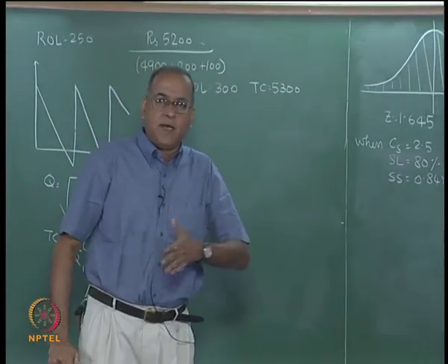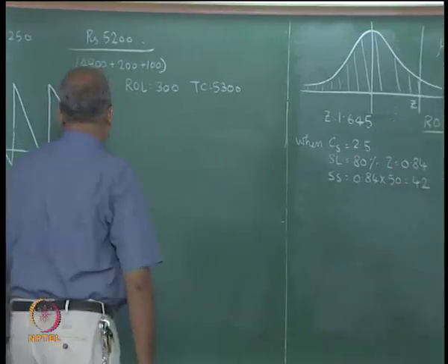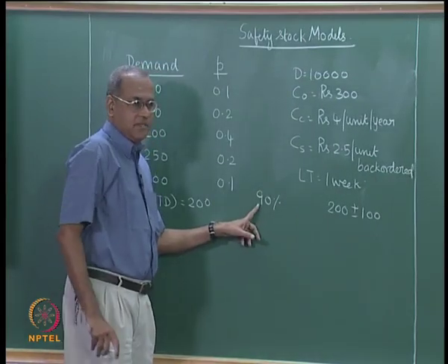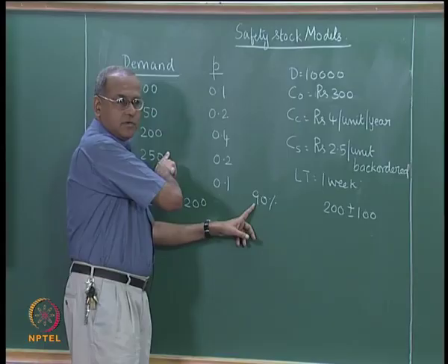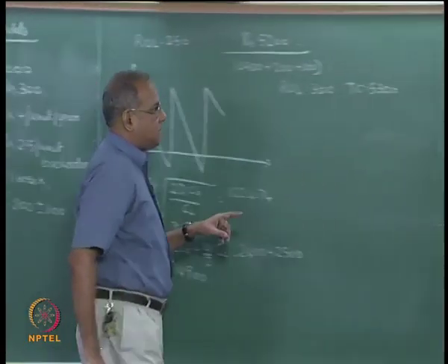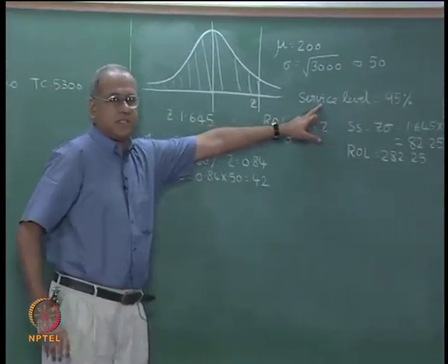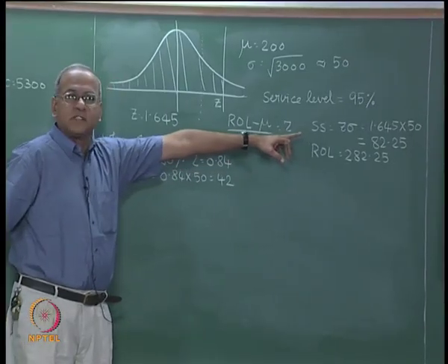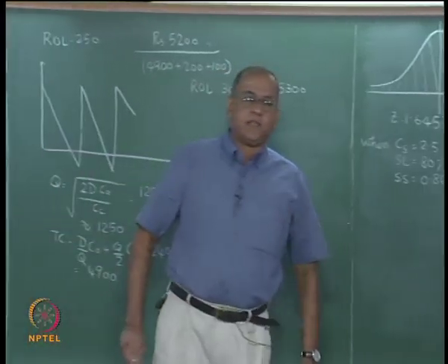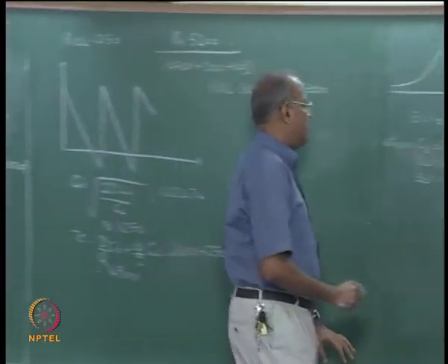So, now let us compare three situations or scenarios. The first one, when we said the service level is 90%, assuming this discrete distribution, safety stock was 50. When we moved to the normal distribution, for a chosen service level of 95%, we found that the safety stock was 82.25. To make a meaningful comparison, here the service level was 90%, so let us look at the other one.